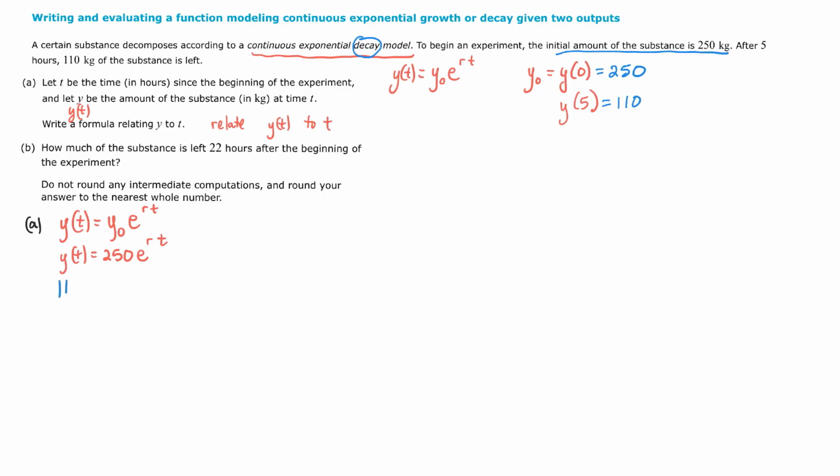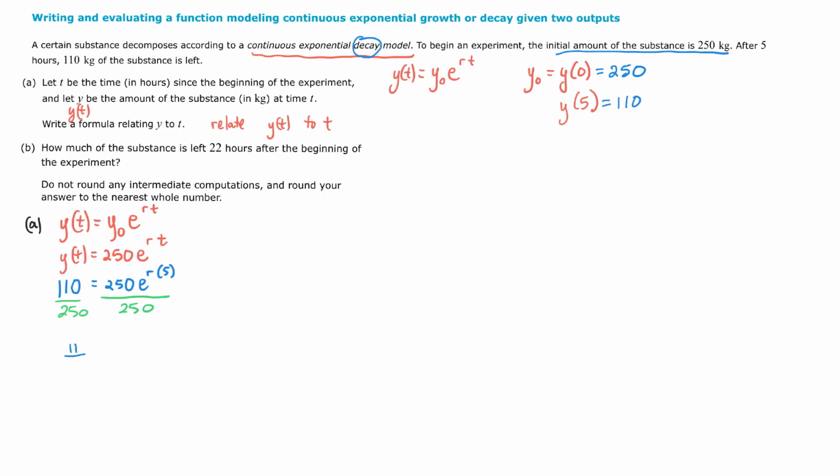Well, the substance reaches 110 kilograms at a certain time. In fact, that time is actually 5. And now we get this equation, which is very, very useful. 250 is not 0, so we're going to divide both sides by 250.